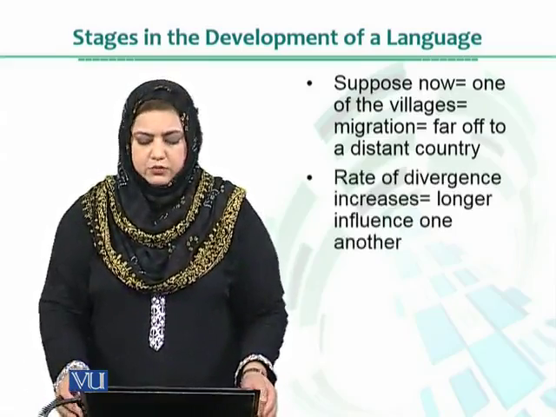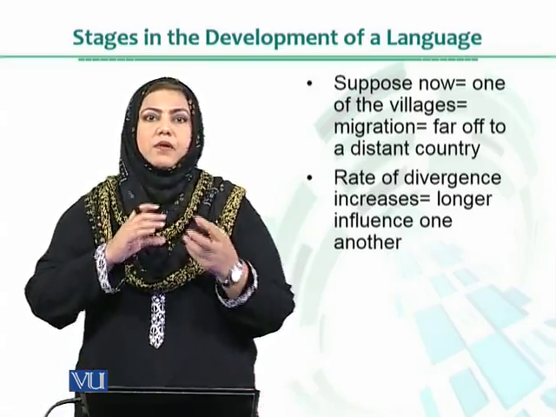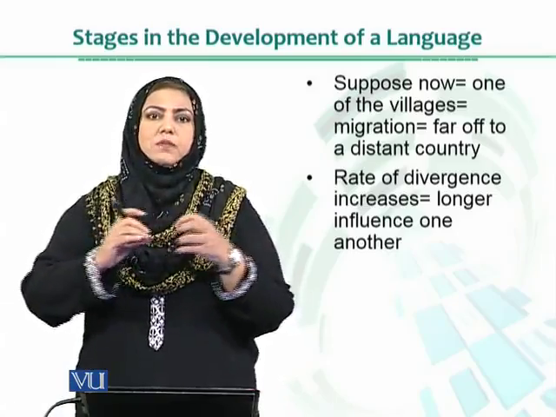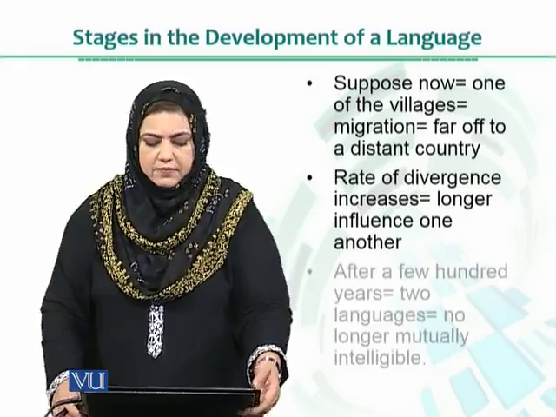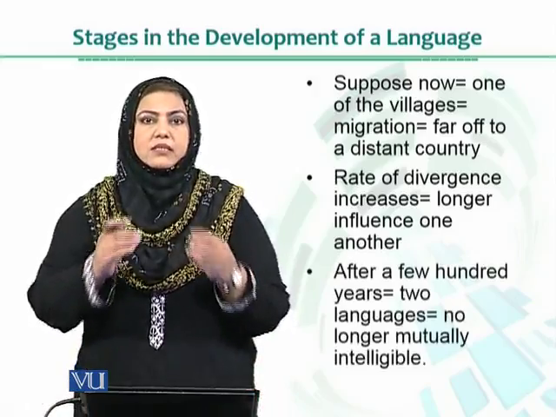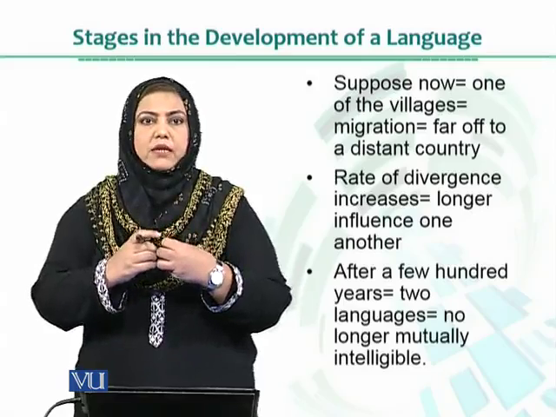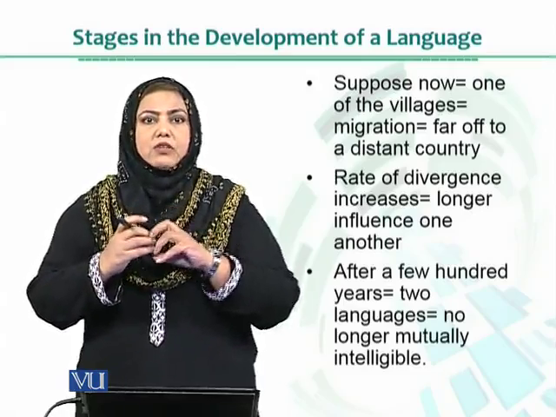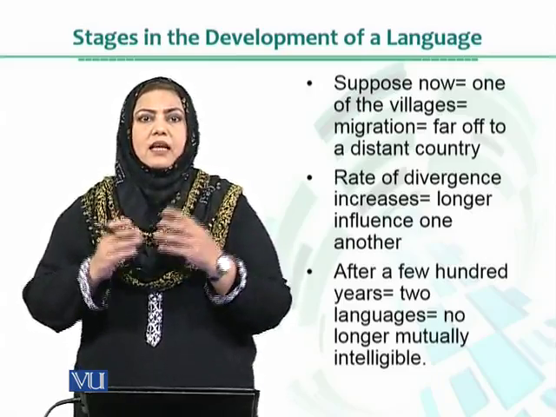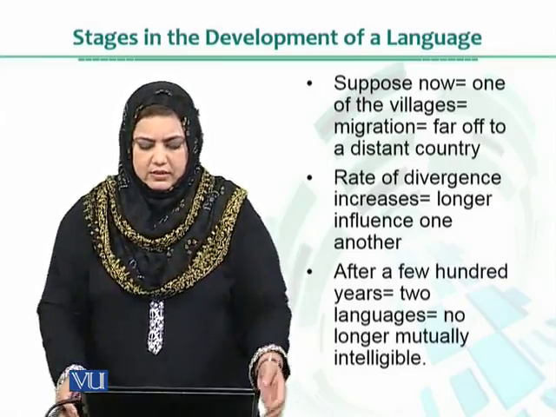The rate of divergence would also increase, and the influence that they would have on each other would be distanced, and they would no longer be linked to each other. What would happen? After a few hundred years, there would be two different languages. So, from one language to two dialects, but still they were closer because the villages were adjacent. Now these people from one village have migrated. The distance has increased. The result is, after a slow process of, say, a few hundred years, two languages would emerge.